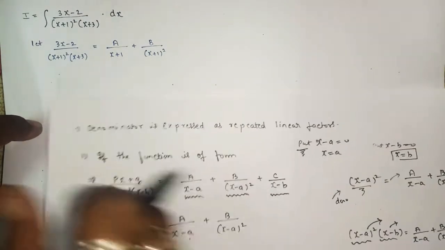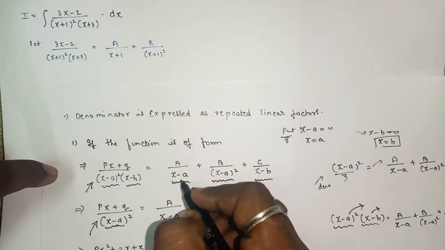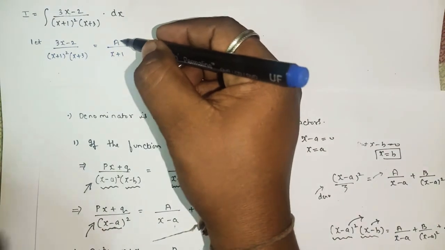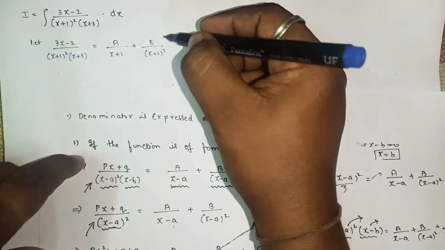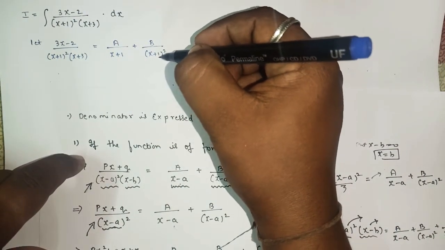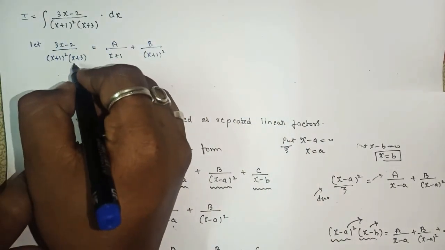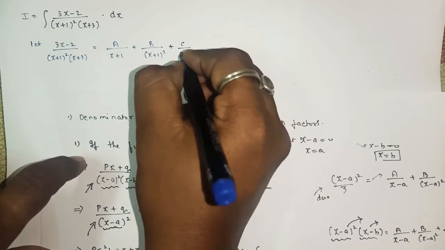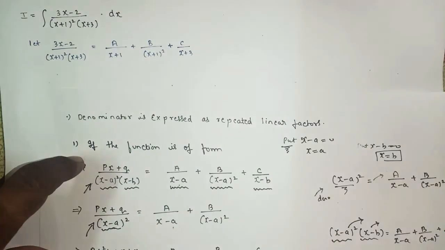As per the rule, a upon x minus a, then b upon x minus a the whole square. So I wrote a upon x plus 1, b upon x plus 1 the whole square, and here we have one more linear factor. So for this we'll write c upon x plus 3.